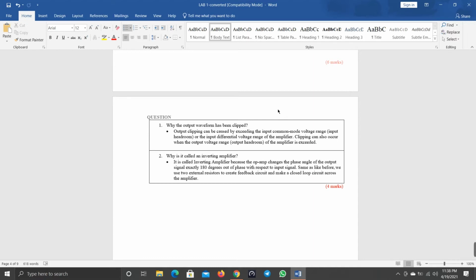Same as before, we use external resistance to create a feedback circuit and make a closed loop circuit across the amplifier.